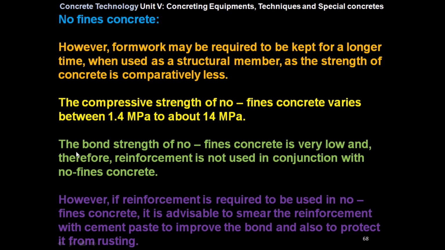The bond strength of no-fines concrete is very low, and therefore reinforcement is not used in conjunction with no-fines concrete. However, if reinforcement is required to be used in no-fines concrete, it is advisable to smear the reinforcement with cement paste to improve the bond and also to protect it from rusting.